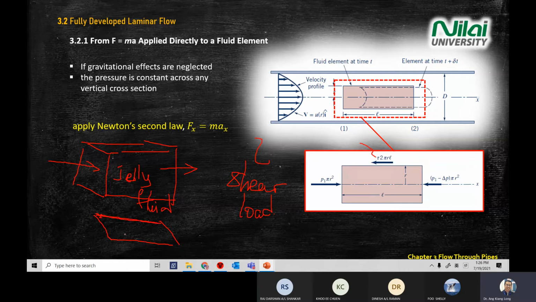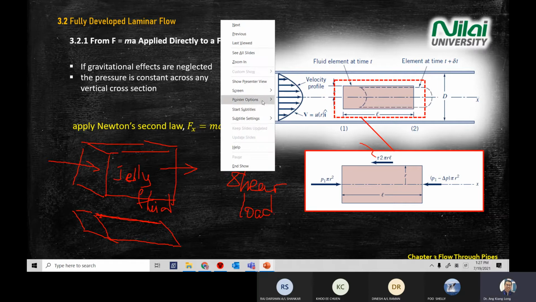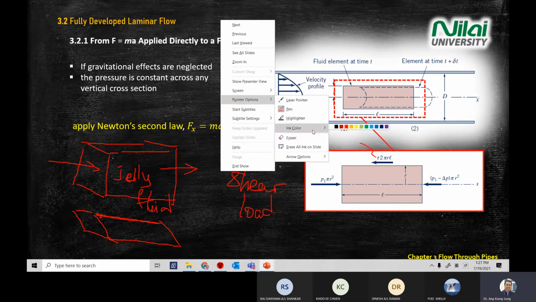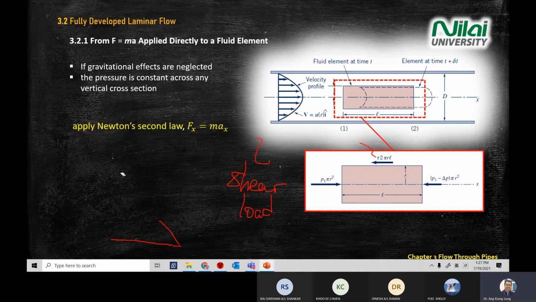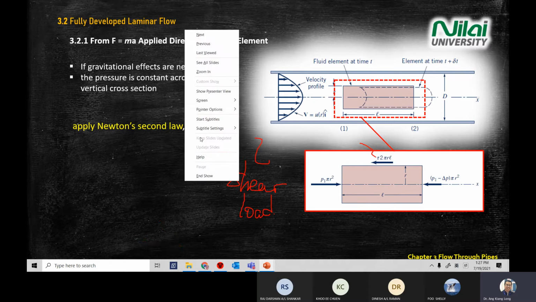So if you have a force that is parallel to the surface, you are having a shear loading.